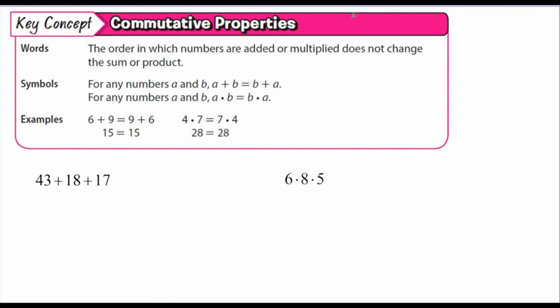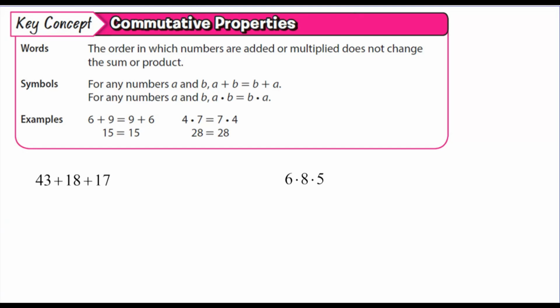A couple of examples here at the bottom of the screen, where you probably use the commutative property subconsciously without realizing it. If I were to ask you to add these three numbers mentally, 43 plus 18 plus 17, some of you probably wouldn't go strictly left to right. You might notice it's easier to add these numbers in a different order. Well, you're using the commutative property when you do that.